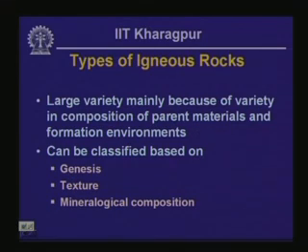and based on this we have to classify the different types of igneous rocks, and what we are going to base our classification on is the way the igneous rocks form, or the genesis of these rocks. Then we are going to look at the texture of individual igneous rocks, or the percentage of crystalline material within the matrix, or the orientation of the grains, and so on and so forth.